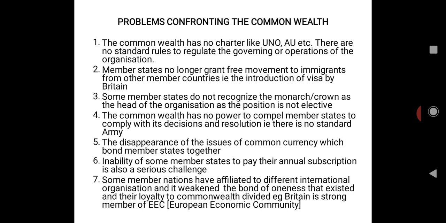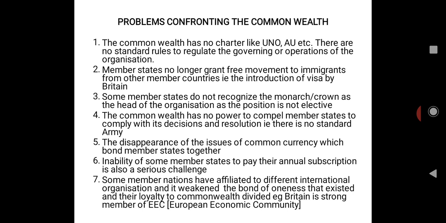Another problem that confronts the Commonwealth is that this association has no power to compel member states to comply with its decisions and resolutions, because there is no standard army.